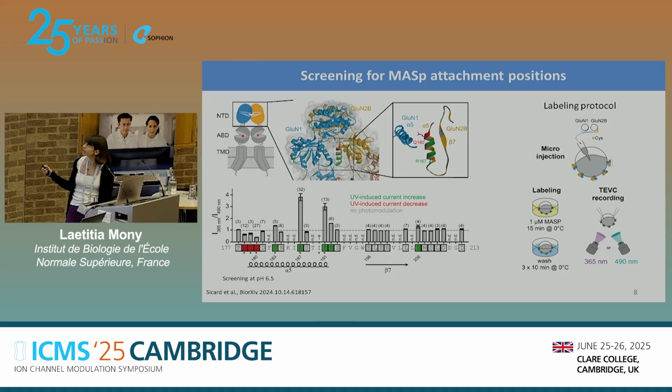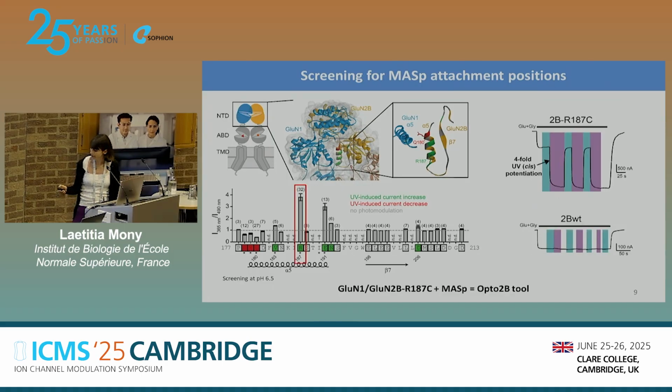We co-expressed the cysteine-mutated subunits together with GluN1 in Xenopus oocytes to have membrane expression of the mutated receptors that we labeled with MASP, and then we recorded by two-electrode voltage clamp the NMDA currents upon different illumination wavelengths.